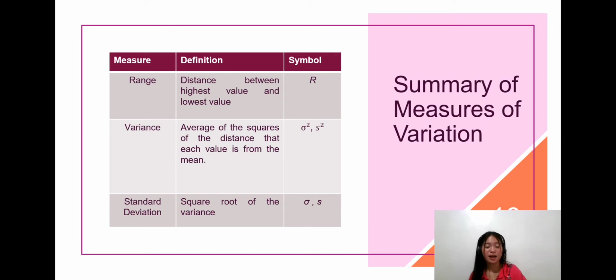And mao na ang iyang symbol R. Variance is the average of the squares of the distance that each value is from the mean. Mao na siya ang symbol, ang sigma squared or S squared. Then standard deviation is the square root of the variance. Mao ni siya ang symbol sa standard deviation.